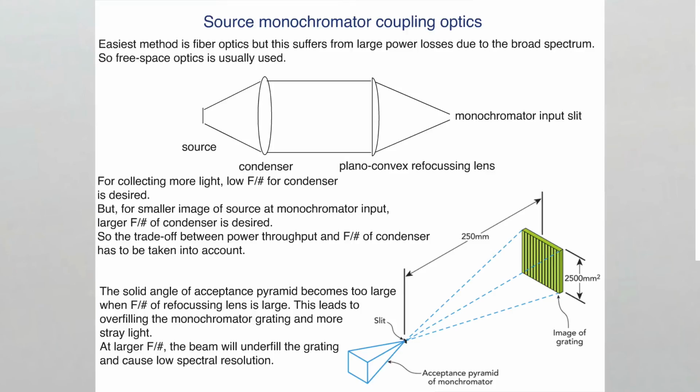The spectral resolution, or how precisely you can select out a wavelength in the monochromator, is directly proportional to how big a grating you can use. The bigger the grating, the more precisely you can pick out the wavelength. The smaller the grating, the less precisely you pick out the wavelength.